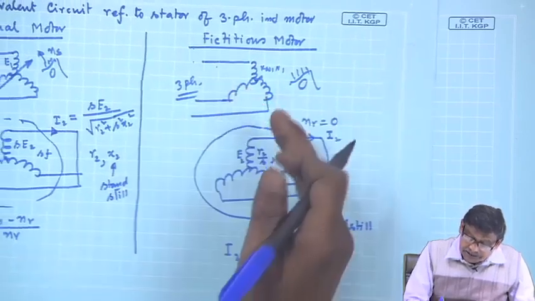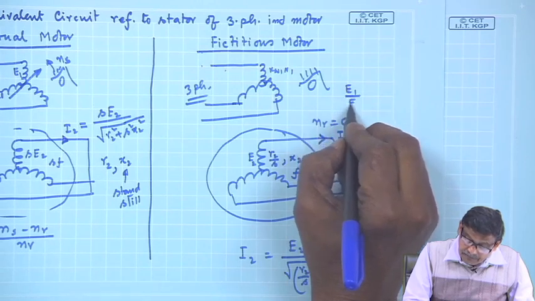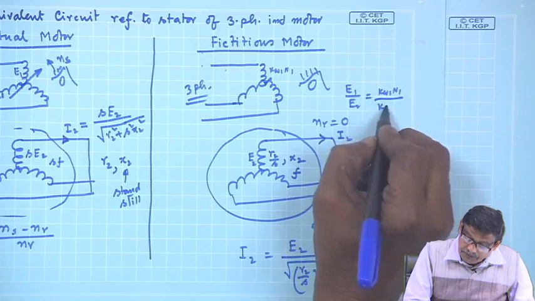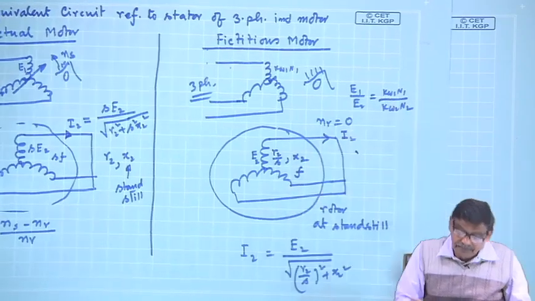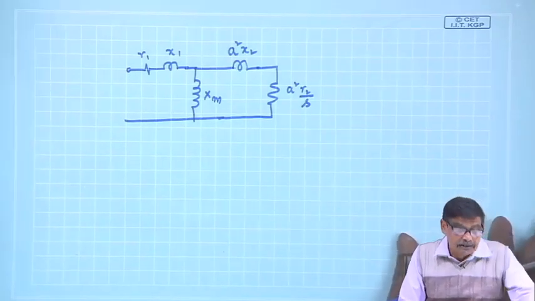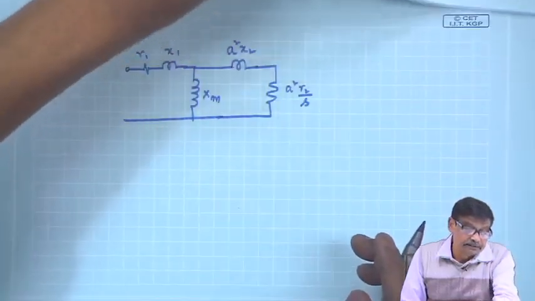Ratio of the voltages, there is no S term now, E 1 by E 2 is still K W 1 N 1 by K W 2 N 2, everything is in place and this is the equivalent circuit.